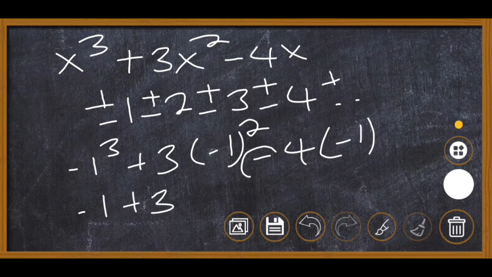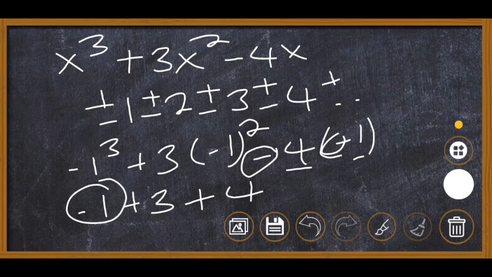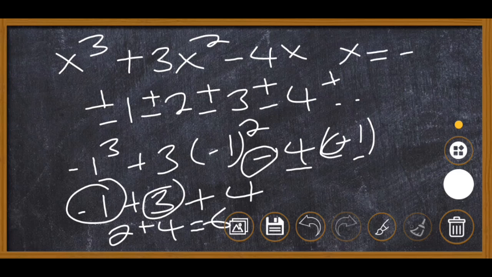Then negative multiplied by negative is positive, and 4 multiplied by 1 is simply 4. So negative 1 added to 3 is positive 2, and positive 2 added to this 4 gives positive 6. Since this is not 0, it implies that x equals negative 1 is not a factor.